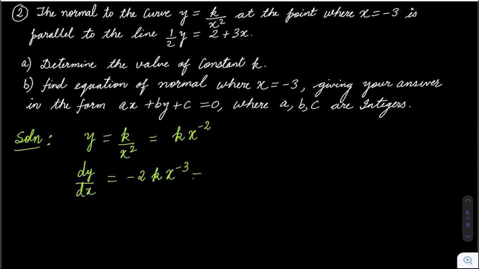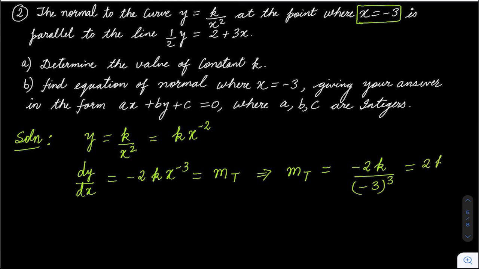Now this is gradient of tangent. Remember, dy by dx is gradient of tangent. We need to find gradient of normal. Okay. So now they have given that x equal to minus 3. So let me substitute x equal to minus 3 here and the gradient of tangent will be minus 2k over minus 3 power 3, which is nothing but 2k over 27.